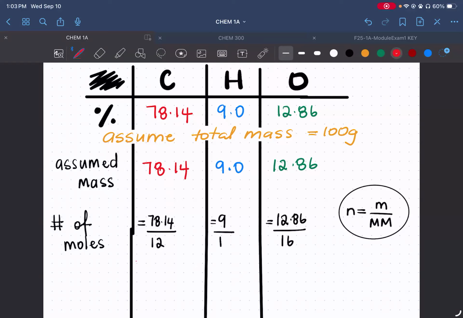If we put all of this into our calculator, we get for carbon 6.5, for hydrogen 9, and for oxygen 0.80.